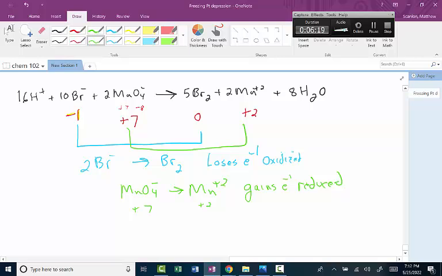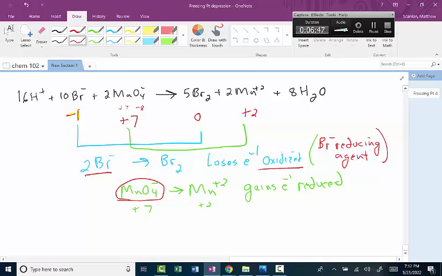Now, the oxidizing agent and the reducing agent. The reducing agent is the thing that caused MnO4- to become reduced, so it is the Br-. The Br- is said to be the reducing agent. Notice it's exactly opposite of what happened to the bromine. The bromide became oxidized. It lost electrons.